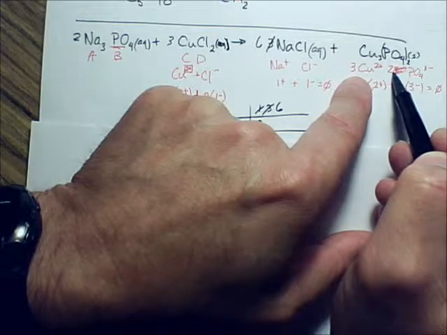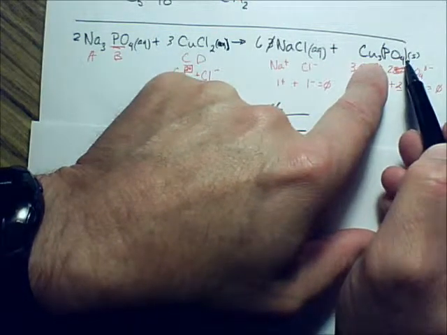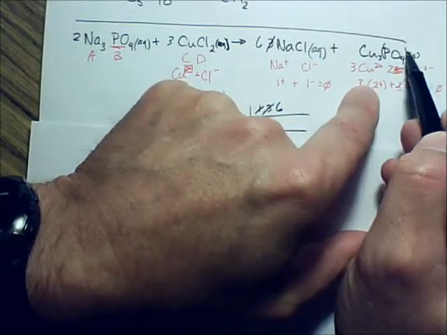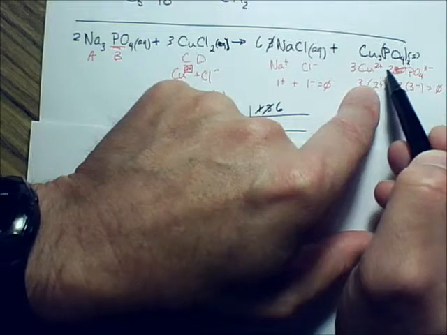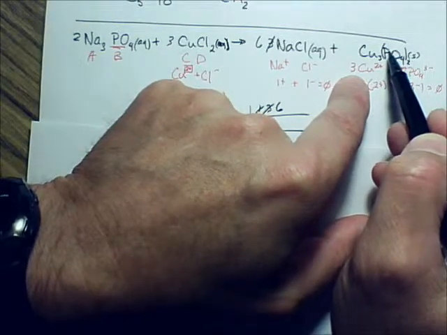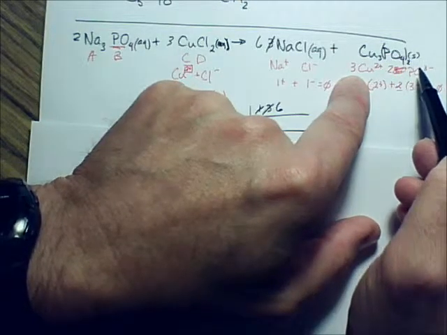And that's how we learned to put the coefficients here and then finally the subscripts here. When you're writing an ionic equation, you're simply undoing all of this. Instead of going from this to this, you're going from this to this. That's all you're doing.